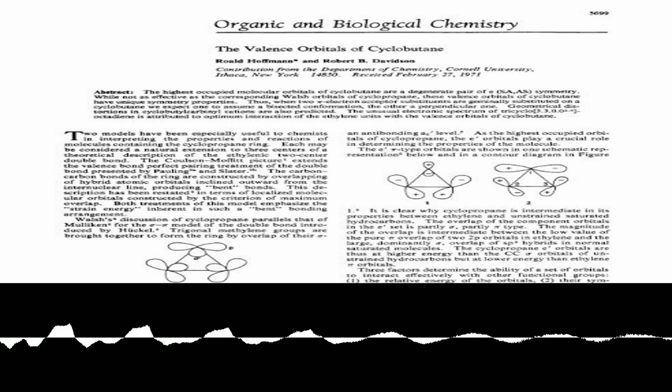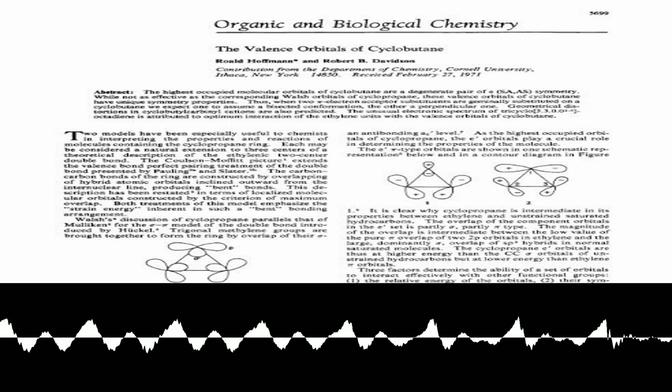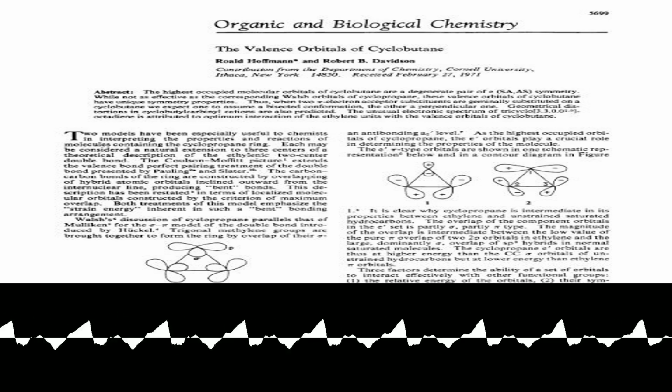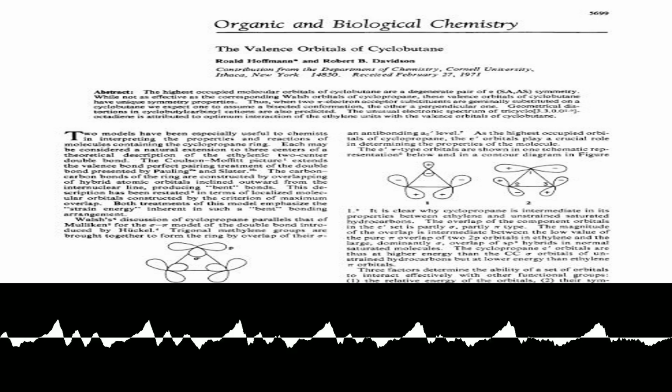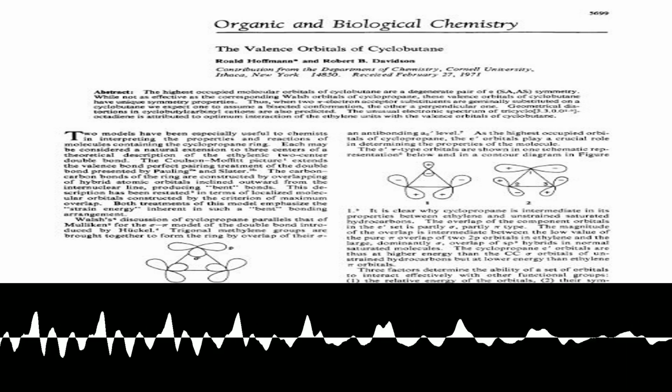The argument revolves around the occupation of formerly unoccupied molecular orbitals upon light absorption, thus shifting the frontier orbital configuration and thereby altering the symmetry requirements for the reaction to proceed. The paper emphasizes that the photochemical pathway provides access to reaction products inaccessible through thermal pathways.